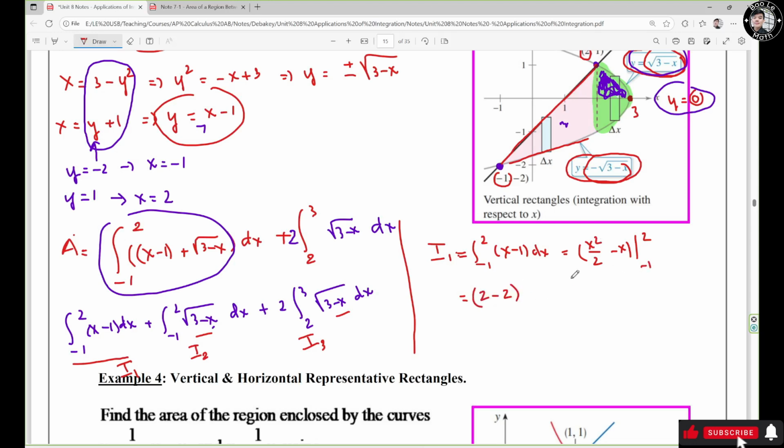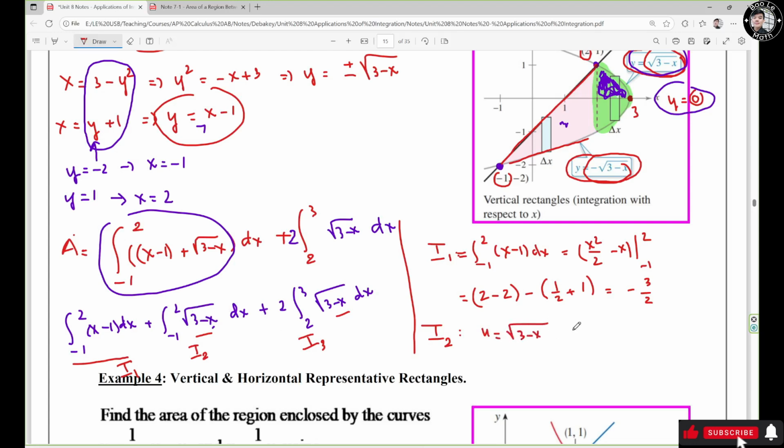And substitute -1 for s, it's going to be subtract 1/2 plus 1, right? So it's going to be -3/2. Alright, now I2, you're going to use substitution. So basically, you're going to let u equal the square root side right here.